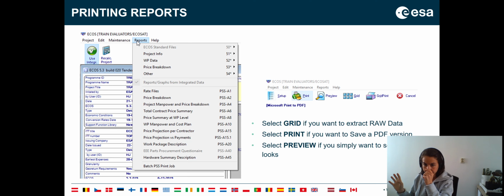So you can save the location of your PDF and you're able to retrieve your form later in a PDF format. And the preview option is the same, except that you do not produce the PDF itself, you simply preview it within the ECOS reports environment. That can be useful if you don't want to extract it, if you want to check information before, for example.